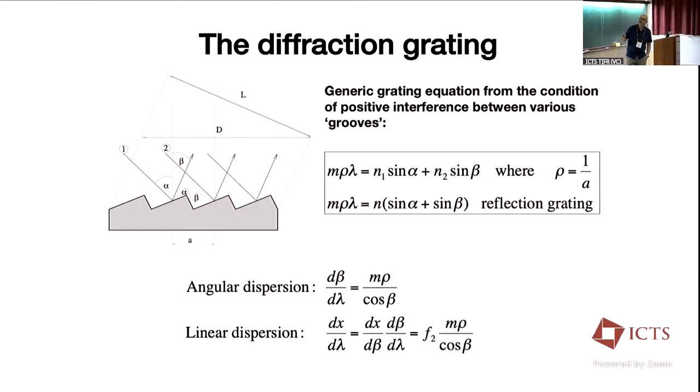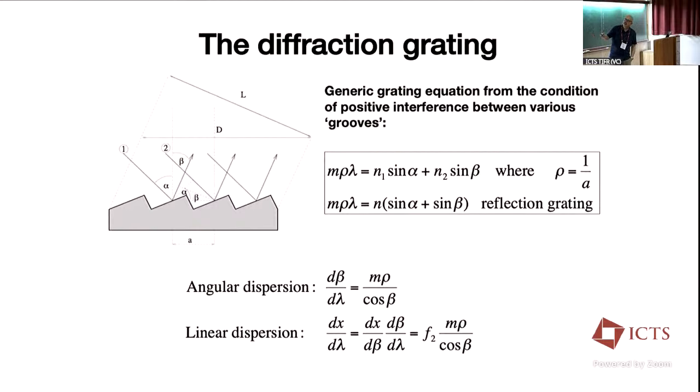So my beam is hitting this grating. The different beams are sent theoretically in all directions, but there will be one direction in which they will interfere positively. And this direction is beta, for which the grating equation is honored. That's the grating constant. So a multiple of the wavelength is equal to the optical path difference between the two beams.